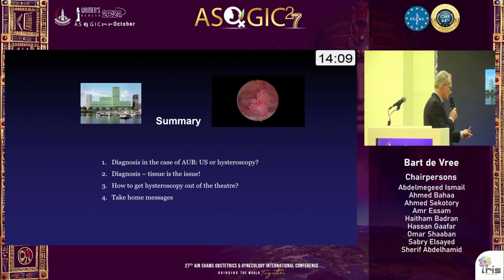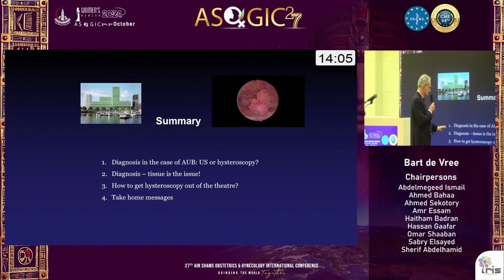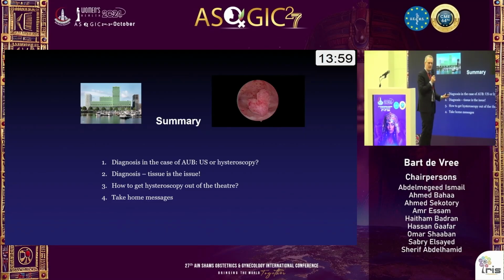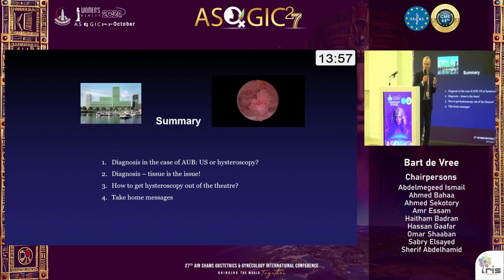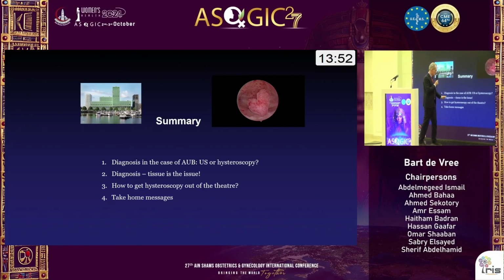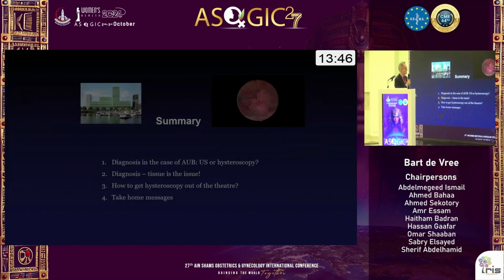First, some introductory slides, then how to take a good endometrial biopsy. Then, because we talk about ambulatory or office hysteroscopy, how to get the hysteroscopy out of the operation theater, and then some take-home messages.